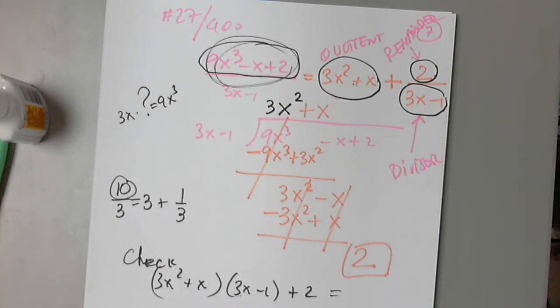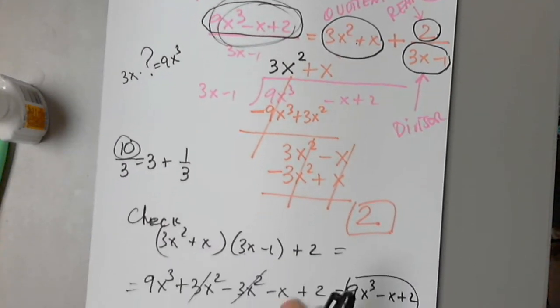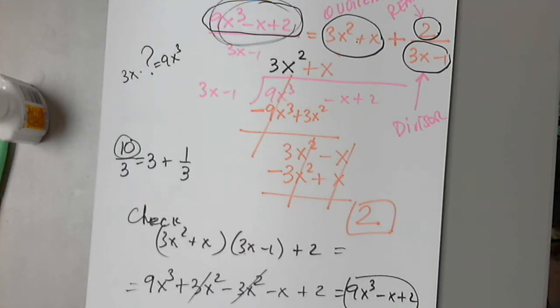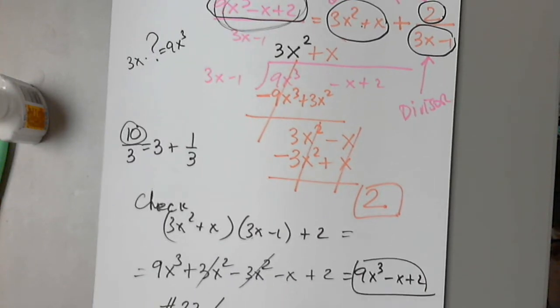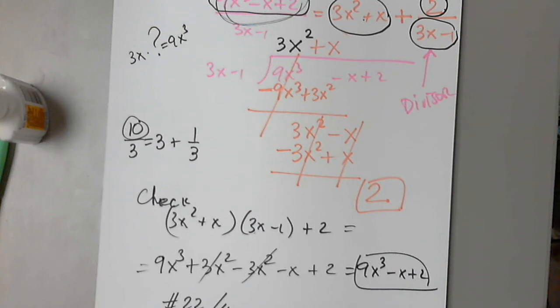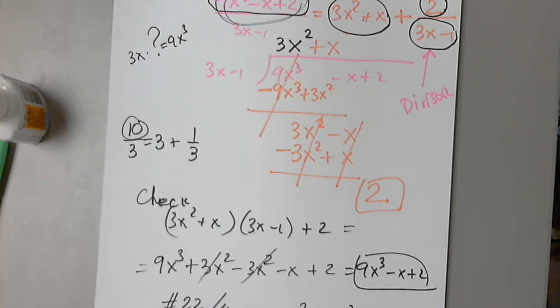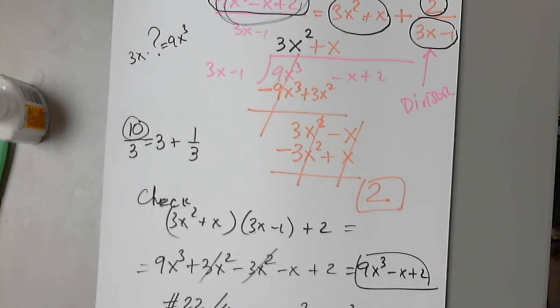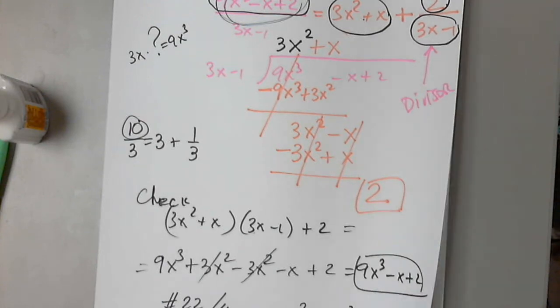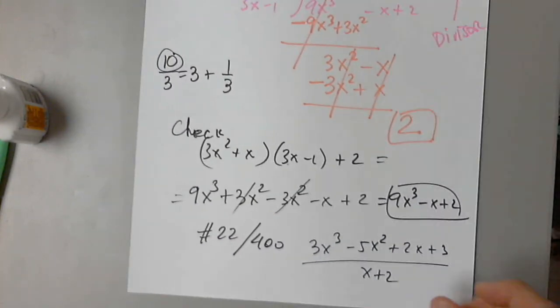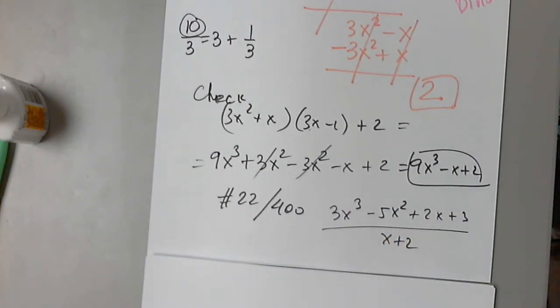Other questions? Okay, so let's look at 22 on page 400 because I like to ease our way into something very important. So 3x cubed minus 5x squared plus 2x plus 3 divided by x plus 2. I'm assuming you see and you agree that all checks out.